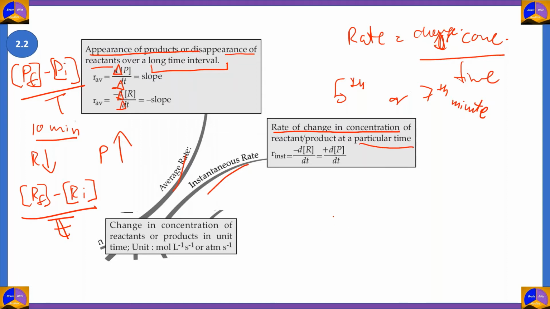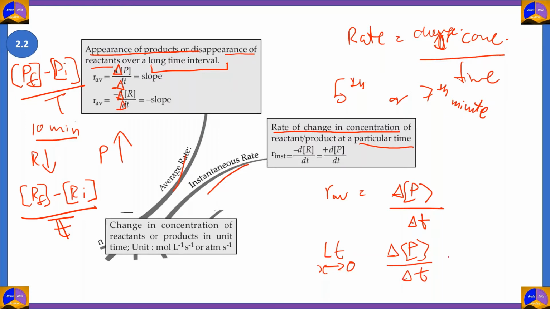So we use differentiation here. So the R average is delta P by delta T. So what we do is we take limits and we extend it to 0.